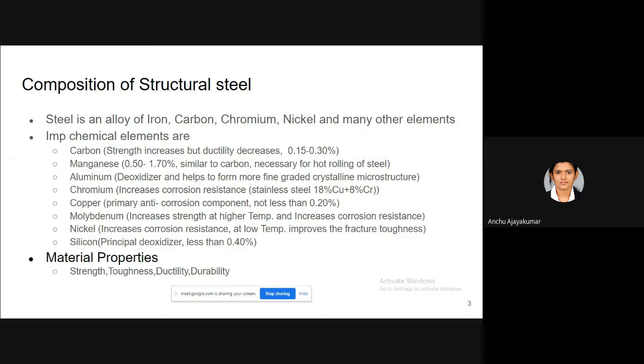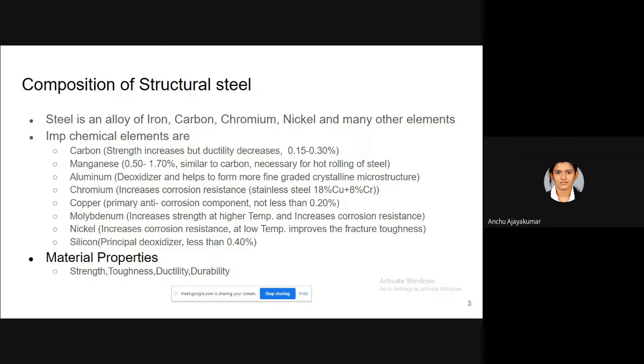And next one is toughness. If the steel is not tough enough to carry the load, then cracks start to develop. These cracks will further propagate on further loading. So toughness is another important property of steel. Next one is ductility.